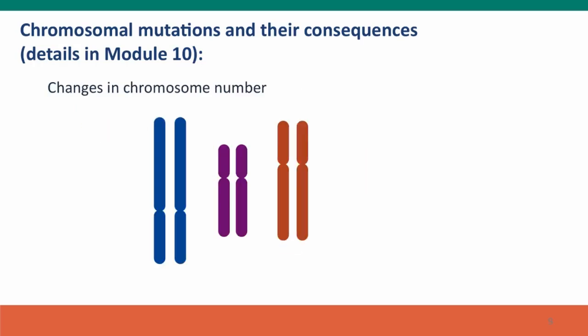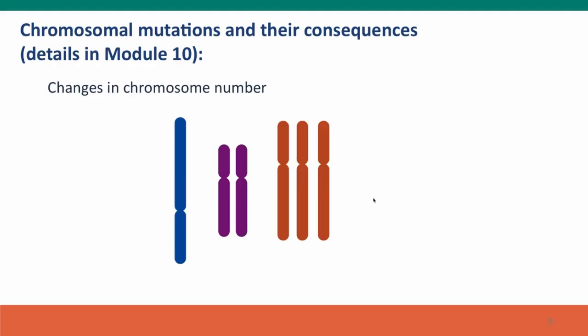Now, finally, we can see changes in chromosome number. For instance, we might lose a whole chromosome due to a mistake in cell division, or in a complementary event, wind up with 3 copies of a chromosome. These events are important both because they change the dosage of genes.